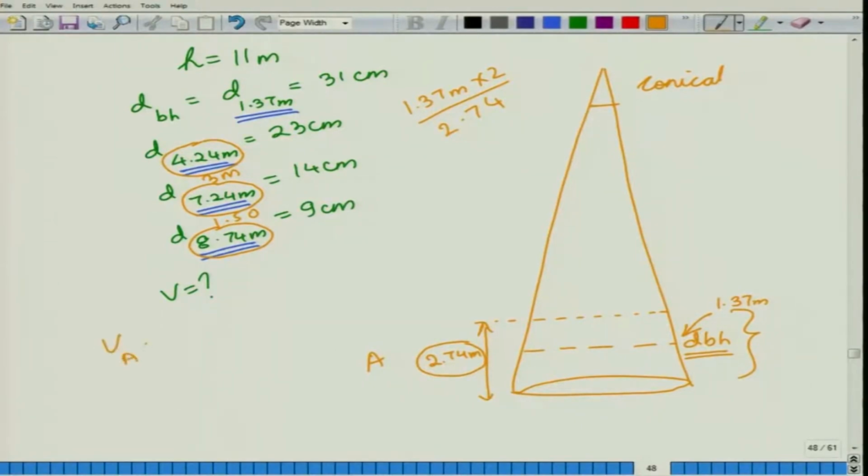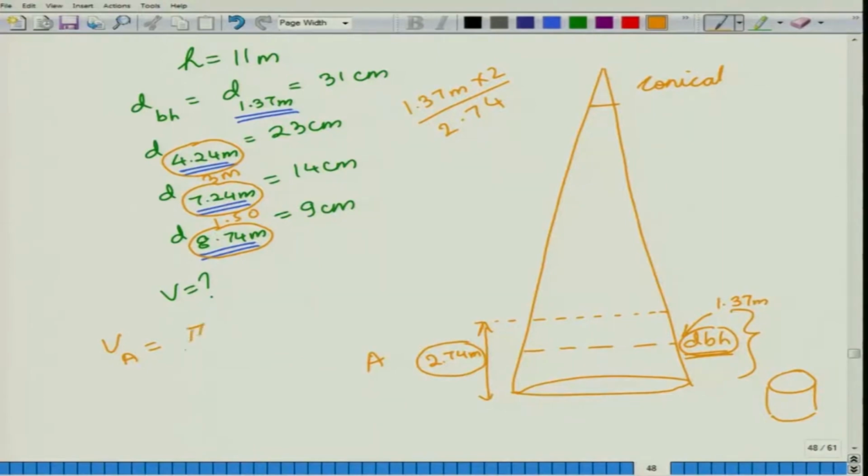Volume of section A: considering it to be a uniform section, we can use this central diameter. Let us consider this to be nearly a cylinder, because this is a very small height, so we do not expect quite a lot of tapering. Now let us try to calculate the volume.